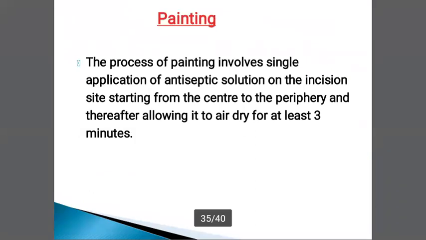Then painting. The process of painting involves a single application of antiseptic solution on the incision site, starting from the center to the periphery and thereafter allowing it to air dry for at least 3 minutes.